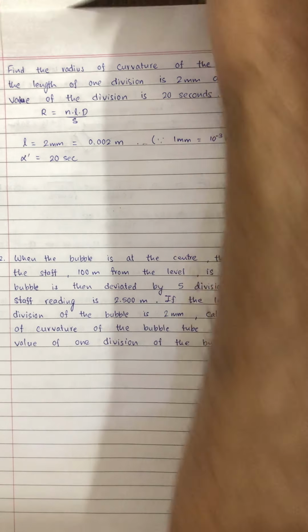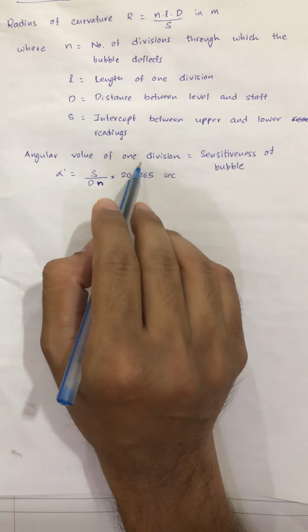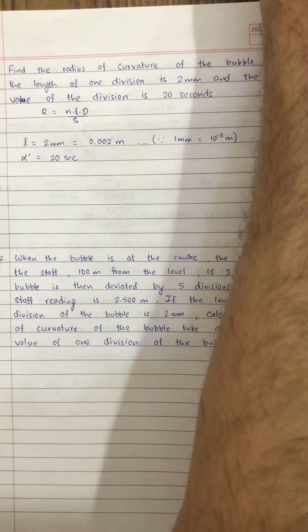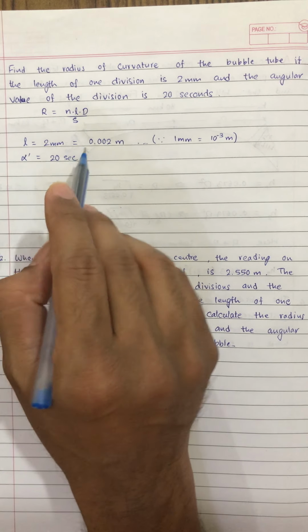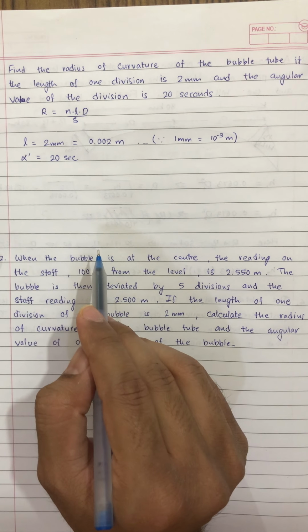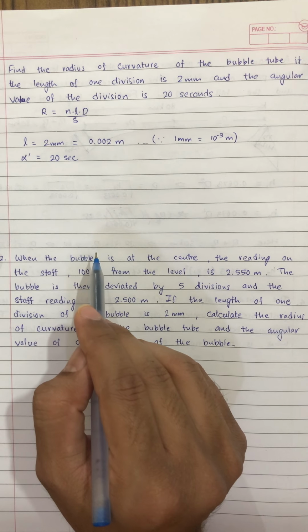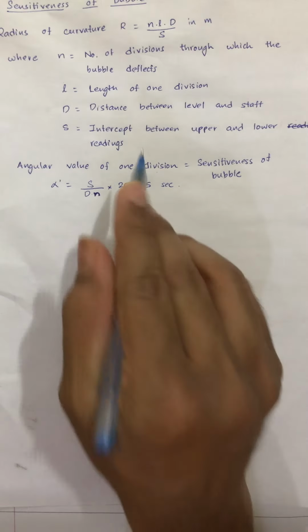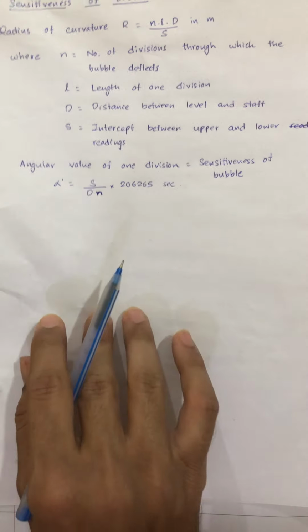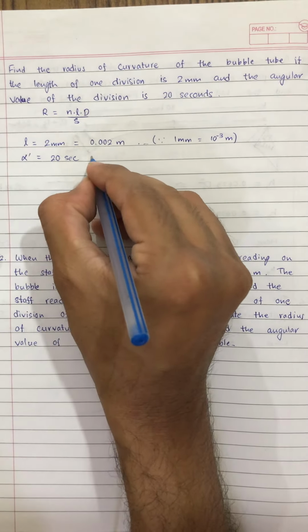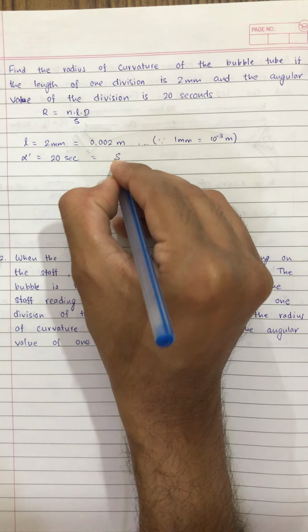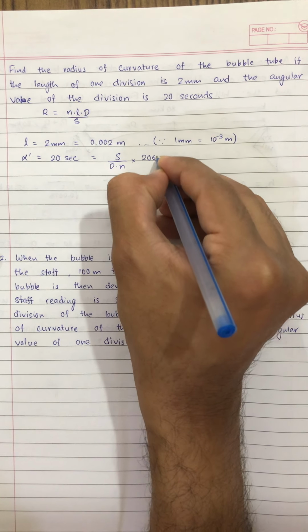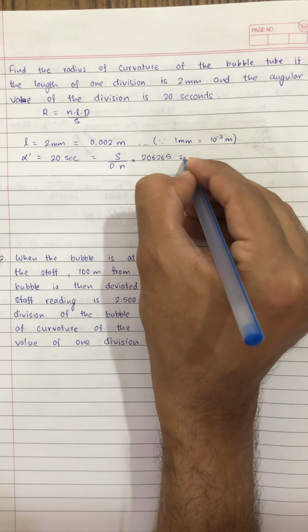So how can we find the radius of curvature from this formula? Now alpha dash, 20 seconds, is equal to S upon D into N into 206,265 seconds.